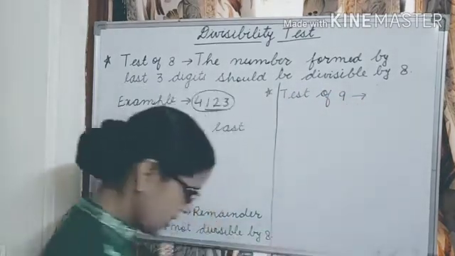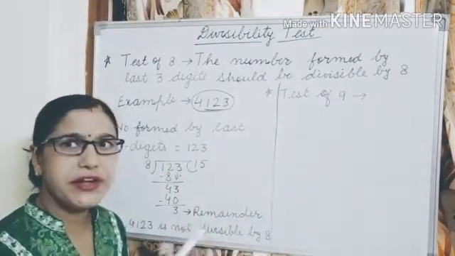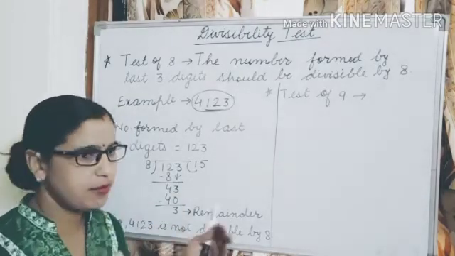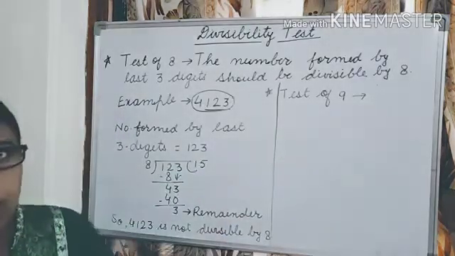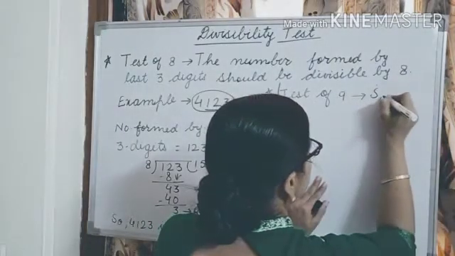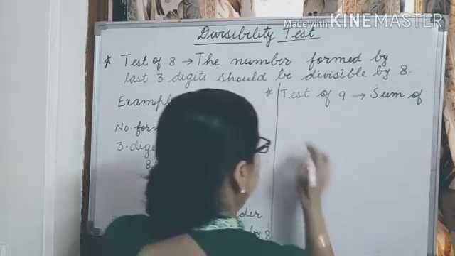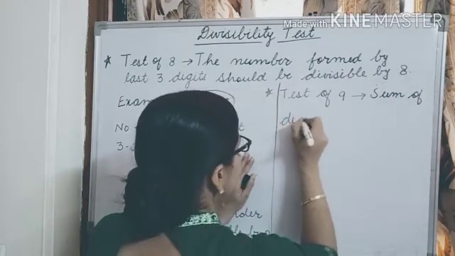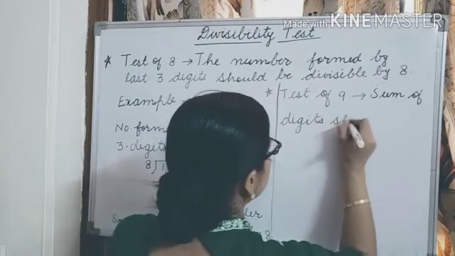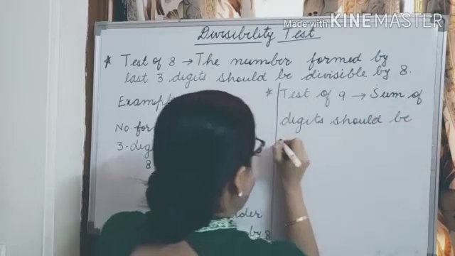For 9, the divisibility test which we have done for 3 is the same. For 9, what do you have to do? Sum of digits. The sum of digits should be divisible by 9.